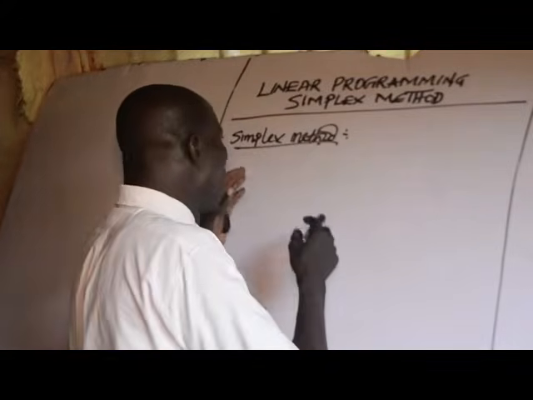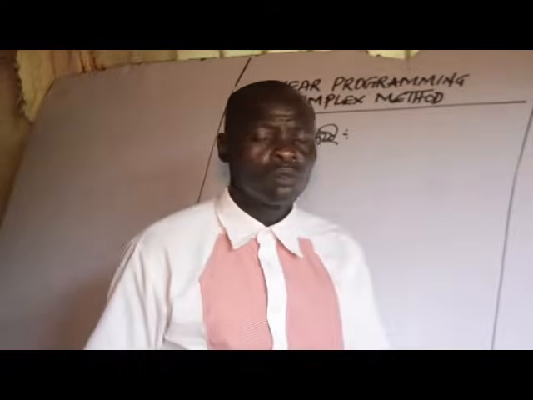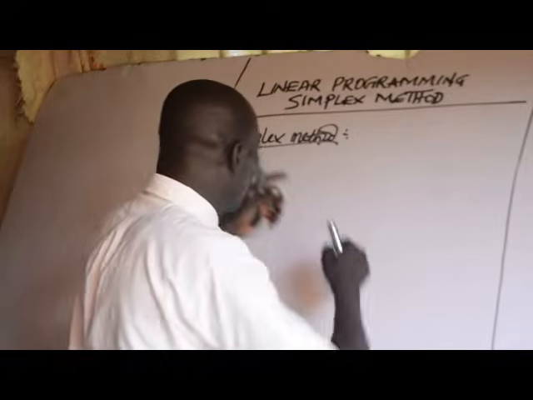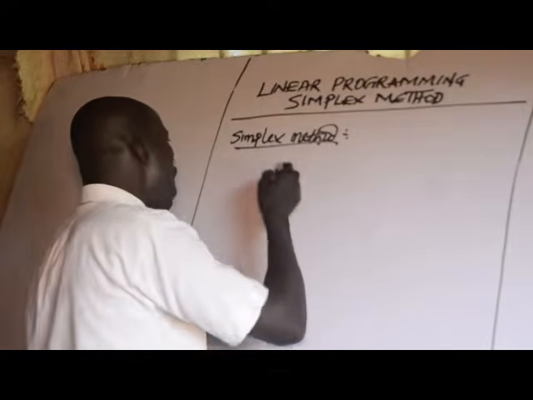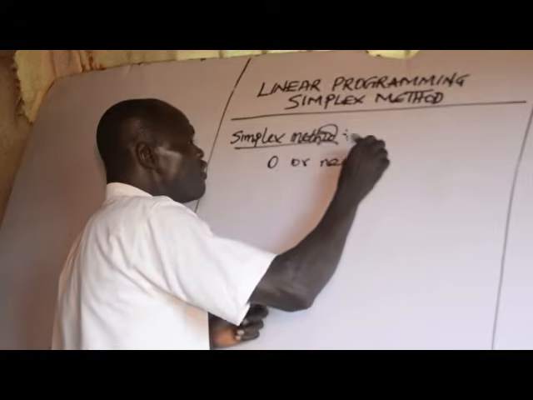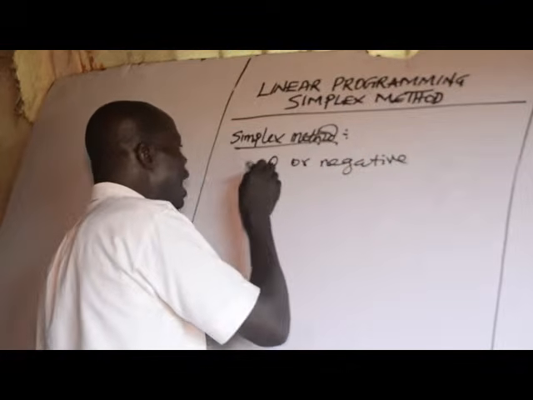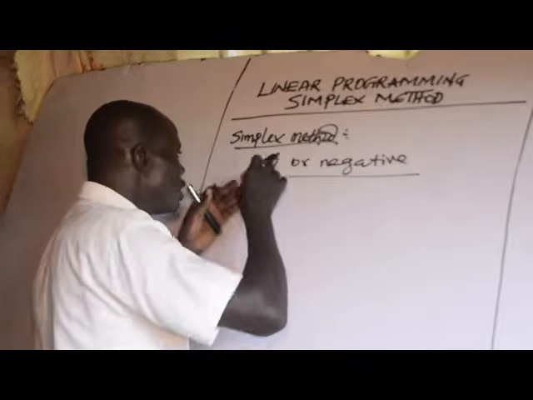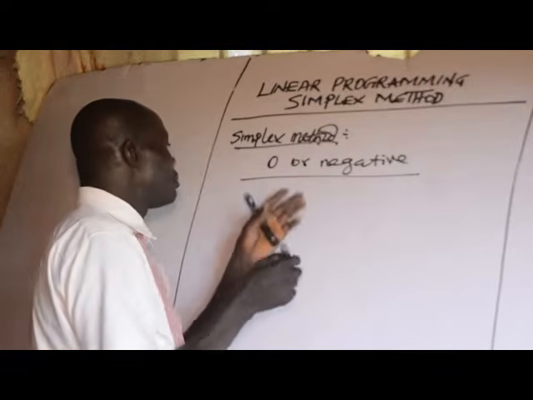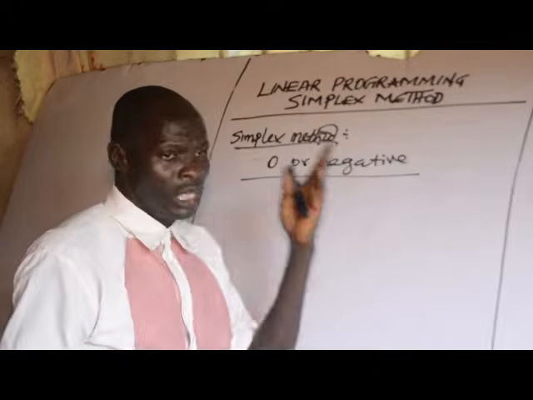The optimal solution is reached where all the variables in the objective function are equal to zero or negative values.